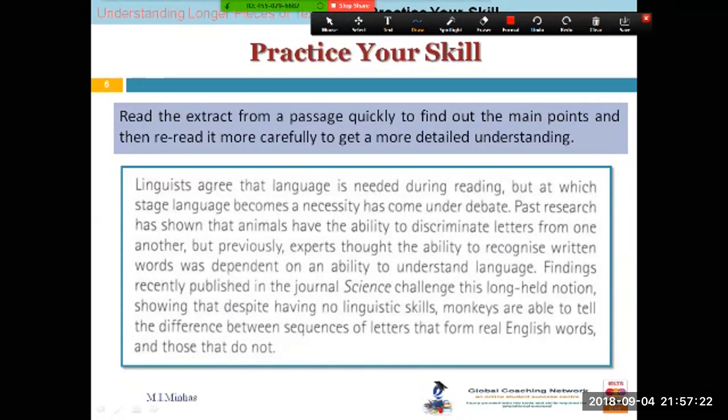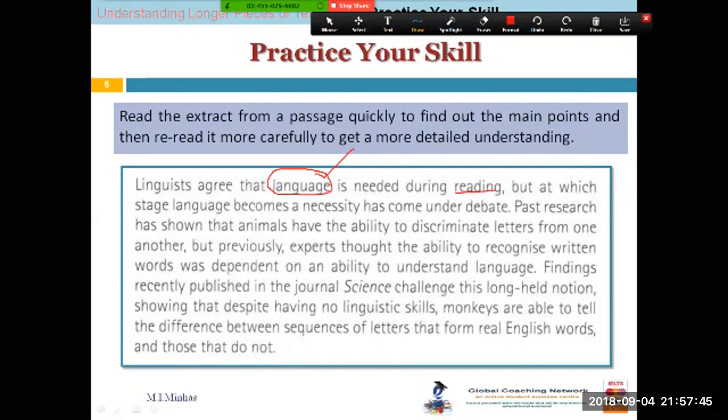Now, linguists agree that language, okay, this was the point. Let me explain this point to you. If someone wants to read, it means they need to know the language as well. Is that clear? This is a point of agreement. Everybody agrees on that.